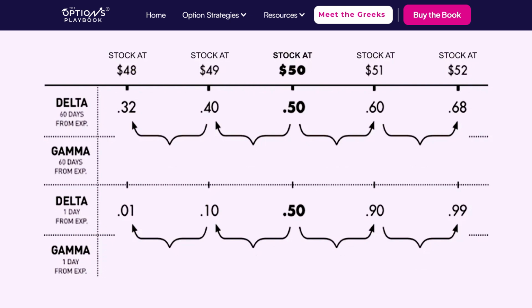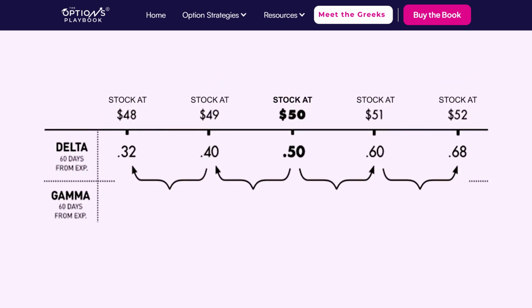So to start with, on the first point movement on our 60-day option contract, we see the stock goes from 50 to 51. Our delta goes from 50 cents to 60 cents, meaning that our gamma was 0.10. So gamma said that the rate of change of delta was 10 cents, and we saw that in the movement of the delta. Now we're getting further in the money on that option contract with the stock at 51.